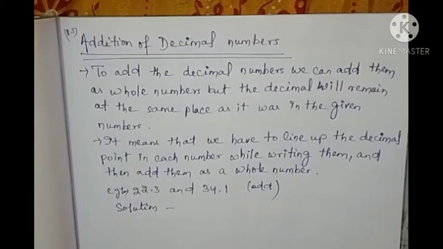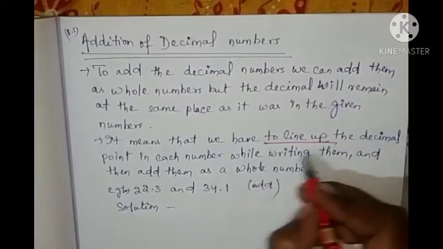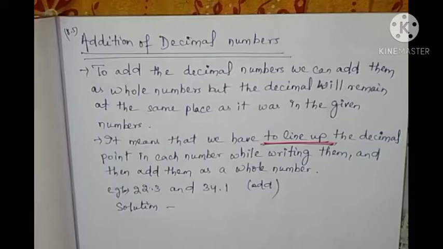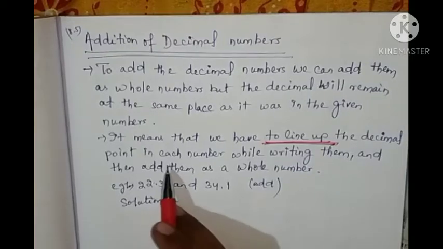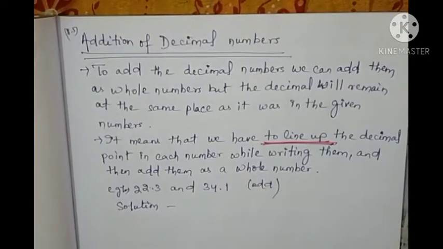After that, you can add easily as whole numbers. It means that we have to line up the decimal points. Remember this term: while adding or subtracting, you have to line up. Line up means you put the decimal point in a single line in each number while writing them, and then add as a whole number.